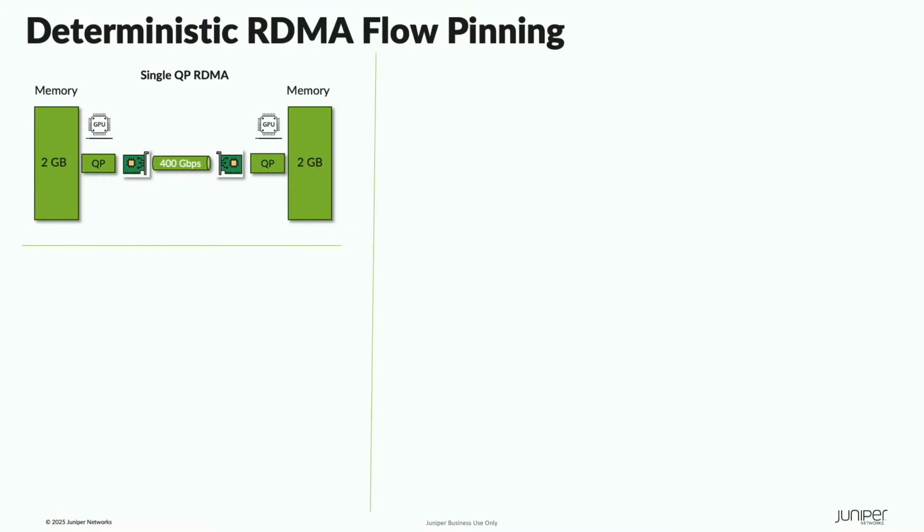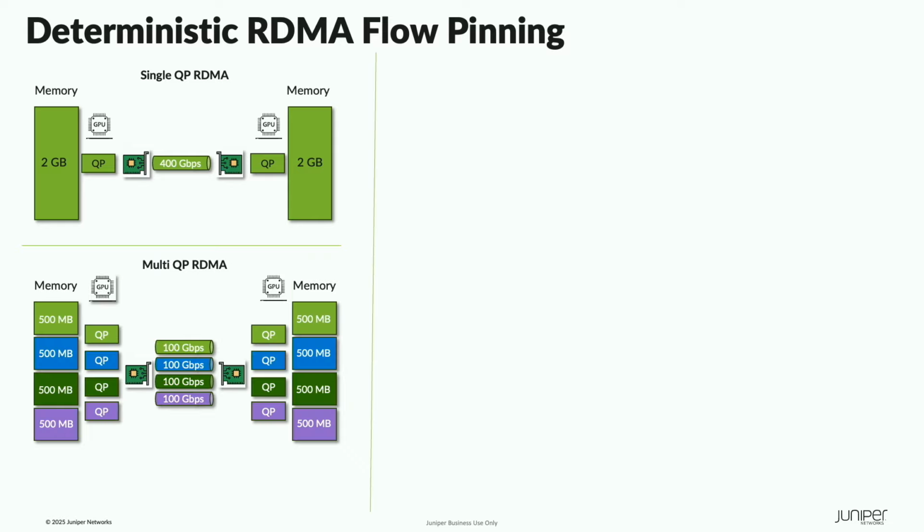Thank you. And so you have a giant flow of 400 gig if you use a single queue pair on both ends. So one of the techniques is, hey, can I create more subflows so that the fabric can usually load balance them across all the available paths?